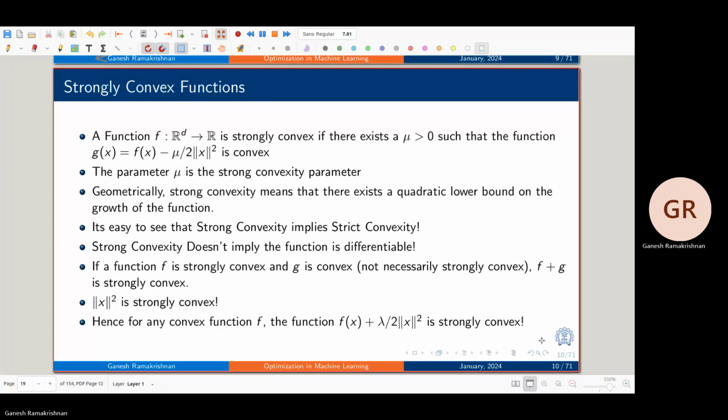Why should there be a lambda? Can you think and work it out? The reason I bring this definition is that for any convex function, the function f(x) plus lambda/2 norm x squared is strongly convex. What does that remind you of?